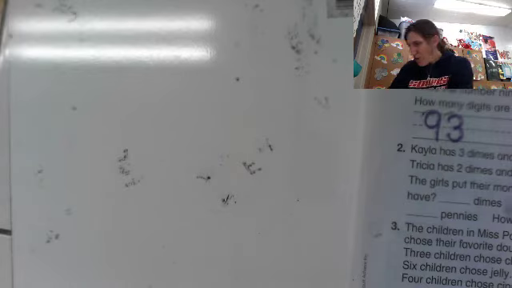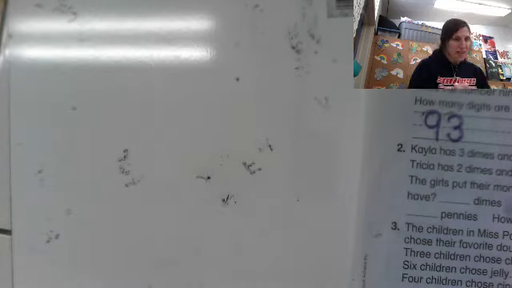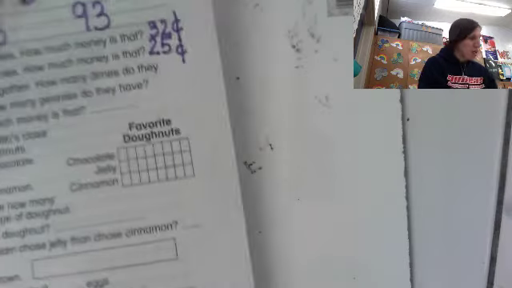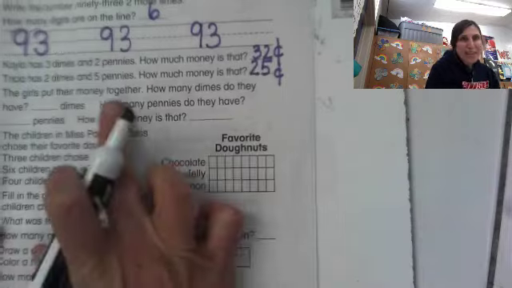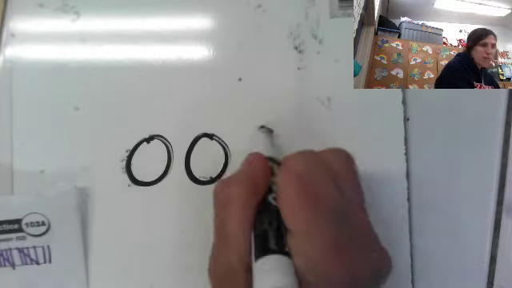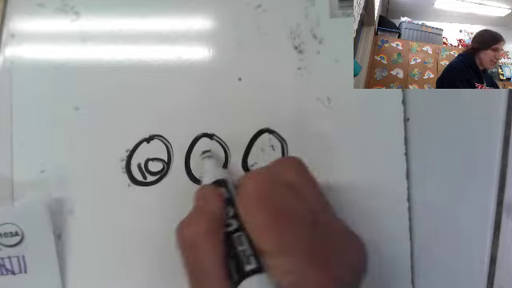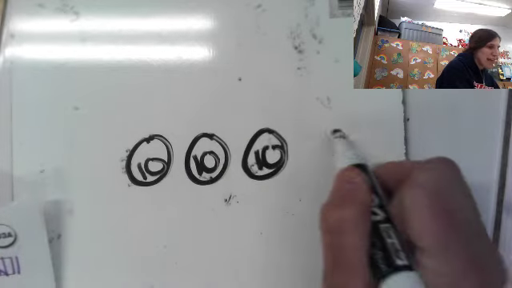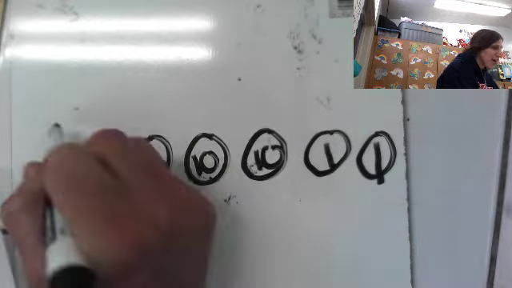Remember, when we're coming up with a plan, first we must understand. Then we need to plan, solve, and check. So I can see here, Kayla had 3 dimes and 2 pennies. I'm going to draw a picture for myself. 3 dimes and 2 pennies. That was Kayla.